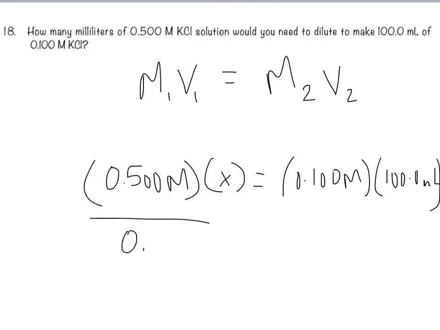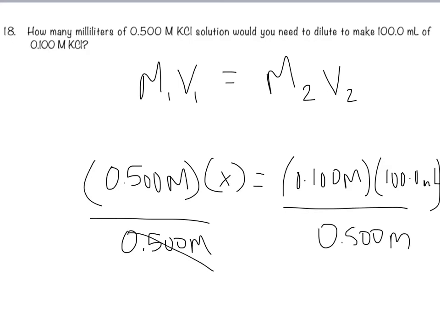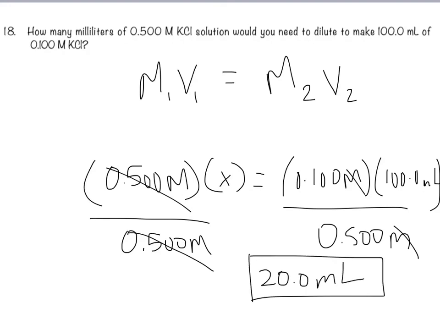If I divide both sides by 0.500 molar, the half molar cancels on both sides. The molar cancels over here, so you have 0.1 times 100 divided by 0.5, and if you do that, you end up with 20 milliliters is the initial volume.